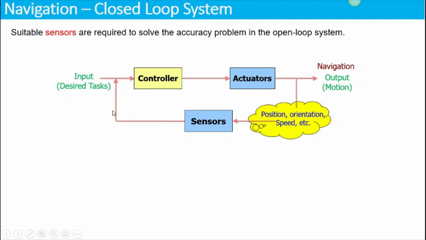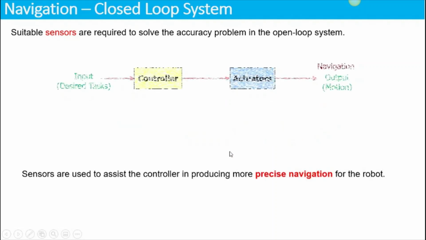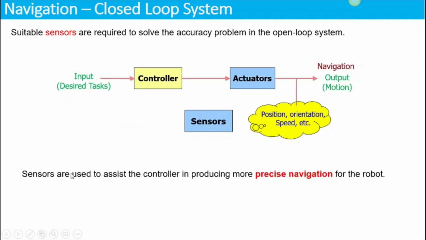The controller will measure the error, and then it will produce some corrective action, so that the actuator will move back to its initial input. So sensors are used for more precise navigation.